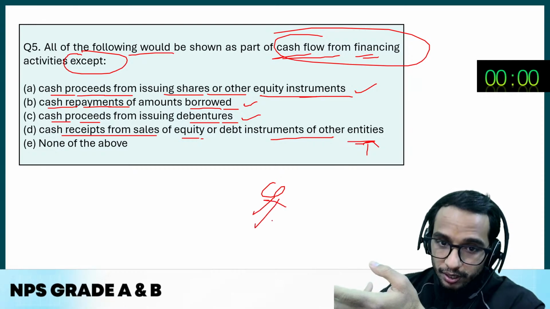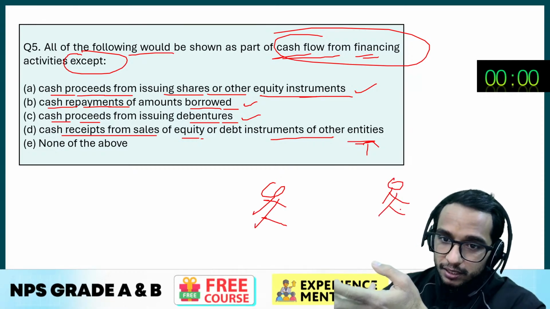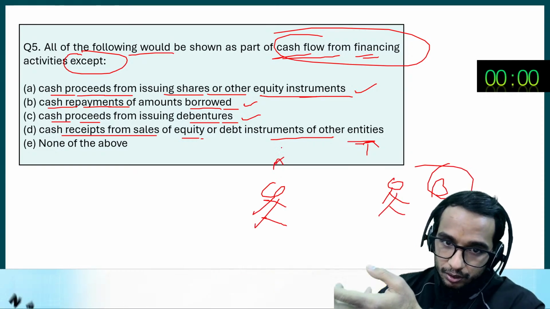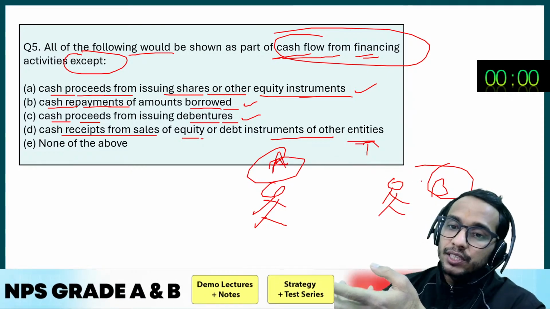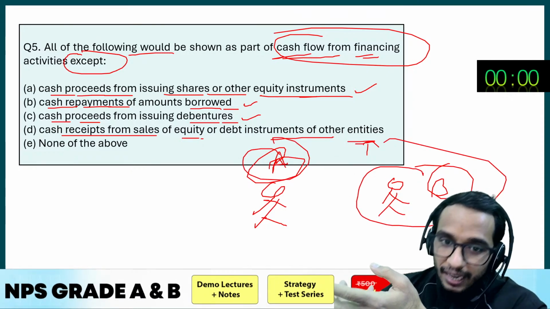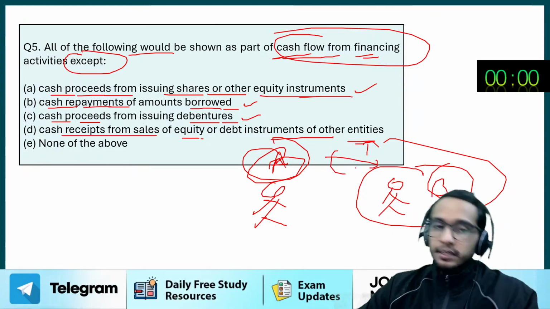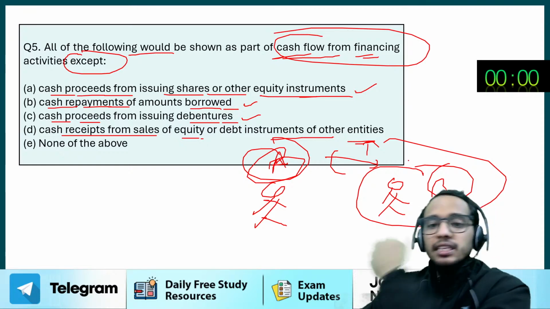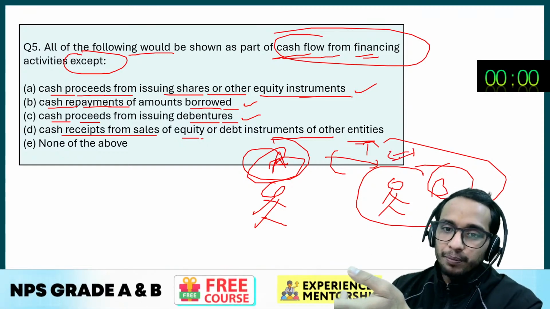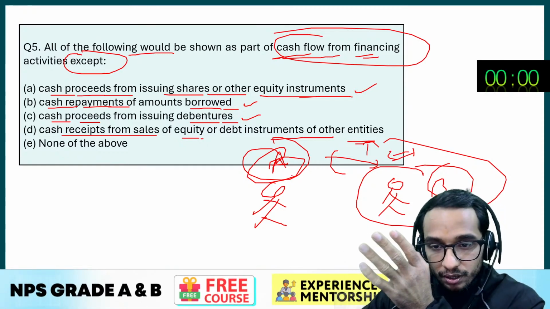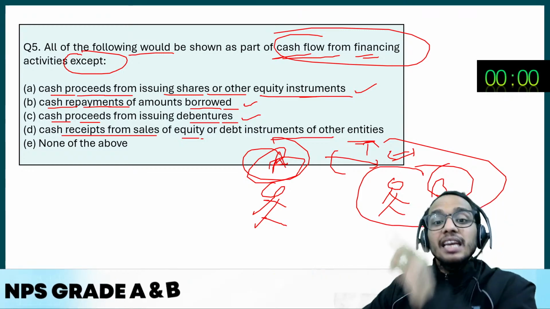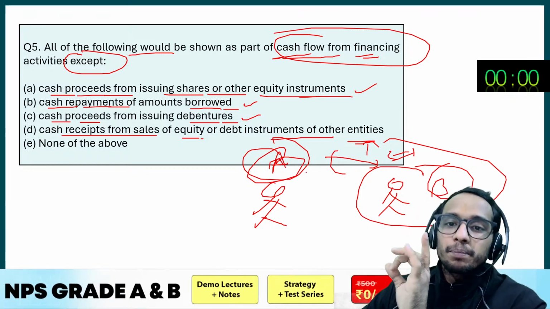So this is your company and this is another company. You are company A, you are buying shares of B. For A, whenever you have bought the shares of company B, this is your investment, and whenever you are selling these shares of company B, for you it is the investing activity, not the financing activity.